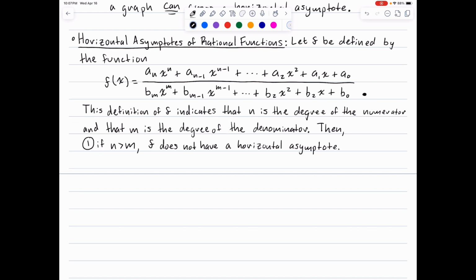2. If n is less than m, the line y equals 0 is the horizontal asymptote of f.